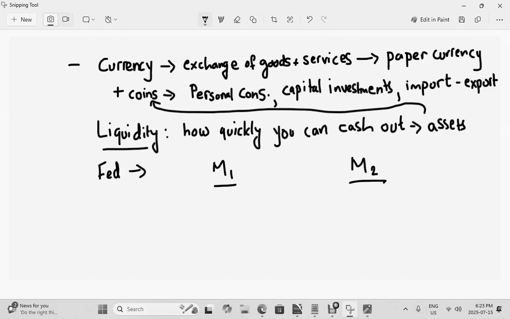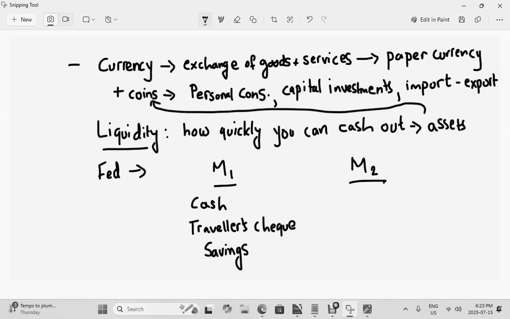Now, the M1 category covers things like cash, traveler's checks, as well as your savings account, starting more recently. Savings account, where you save your money and earn interest.